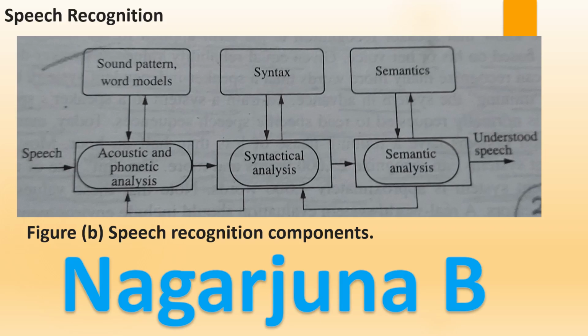Then the second step is the syntactic analysis. This step uses the speech units determined in the first step to run the syntactic analysis on them. That means whatever output we get from the first step will be considered as an input, and it will apply the syntactic analysis on them. This process can determine the errors in the first run. That means if there are any errors which have not been found in the first run, those can be detected in the second run, and it serves as an additional decision tool, because the first step does not normally provide a final decision.